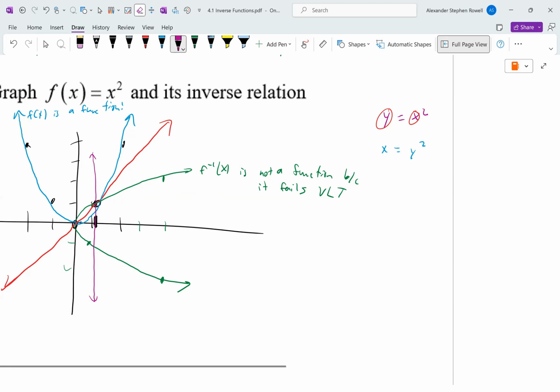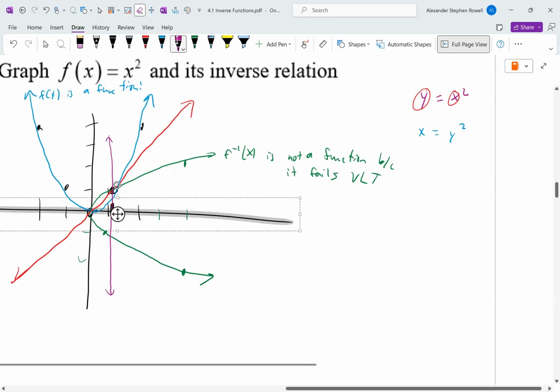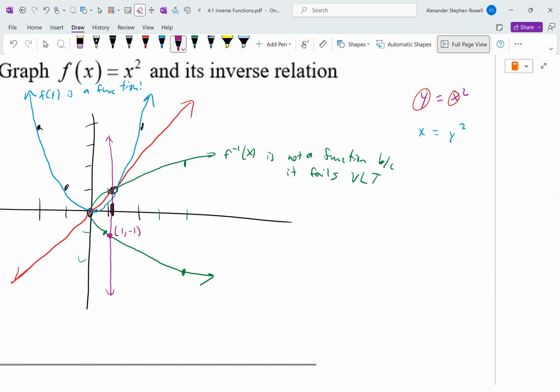If I flip that line across, how does that correspond to the blue graph? This ordered pair should be 1, -1. If I flip it, it becomes what? -1, 1. And this ordered pair 1, 1 flipped becomes 1, 1.